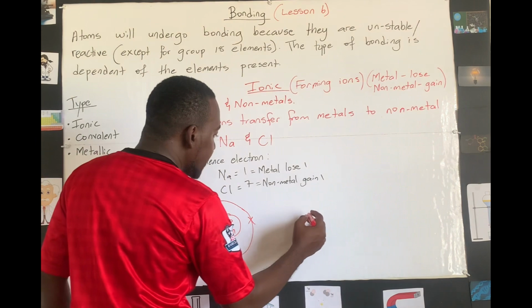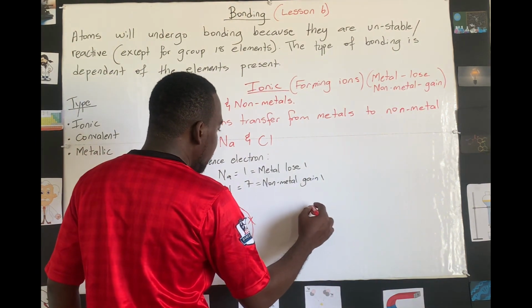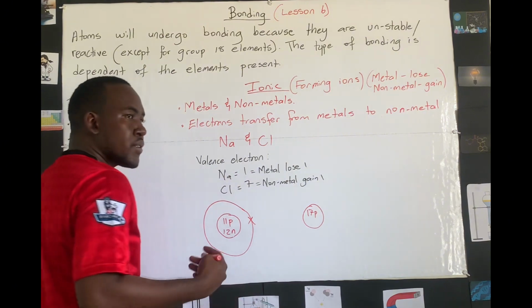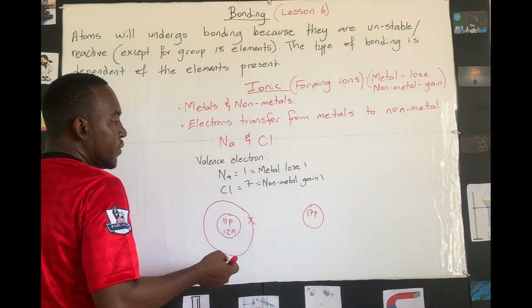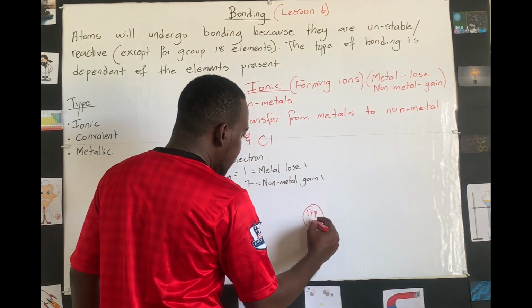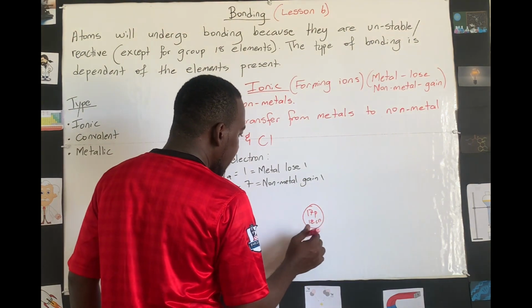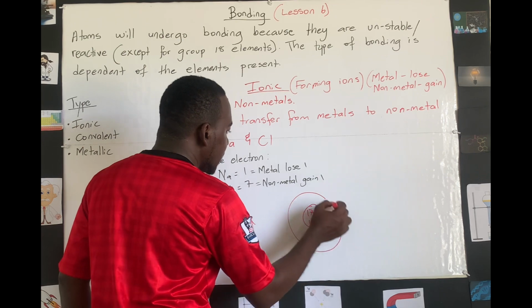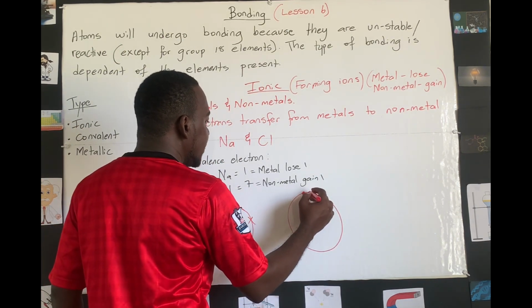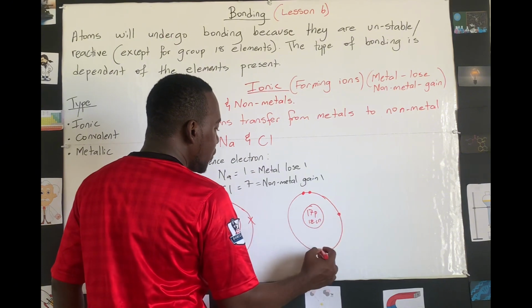And then it's going to send that electron over to chlorine, which is 17 in atomic number and 35.5 in mass number, so it's going to be 18.5 neutrons. And then for its outer shell, instead of using X, we're going to use dots, so we can distinguish between both of them.